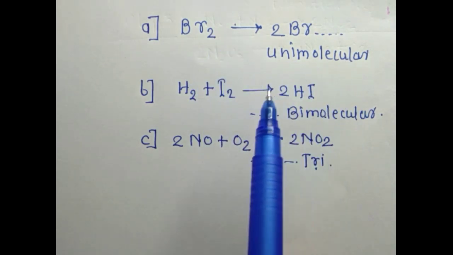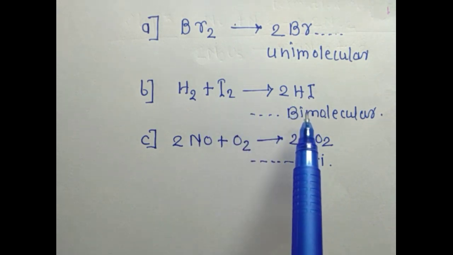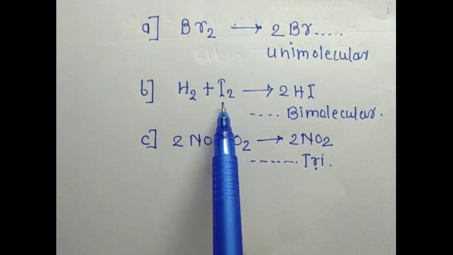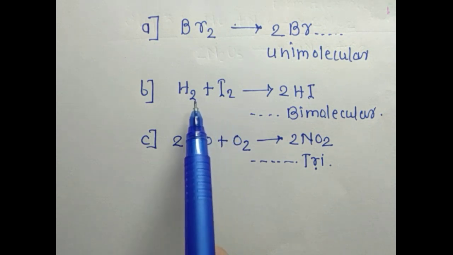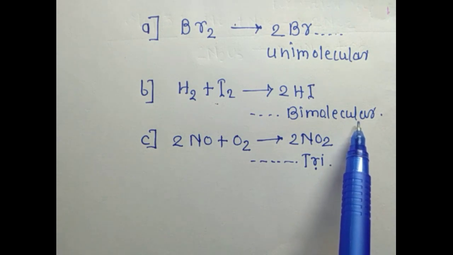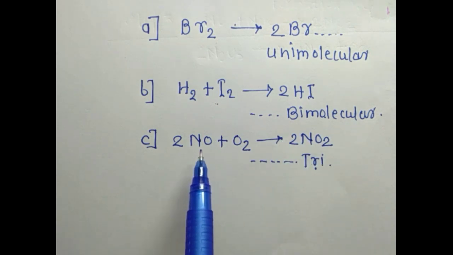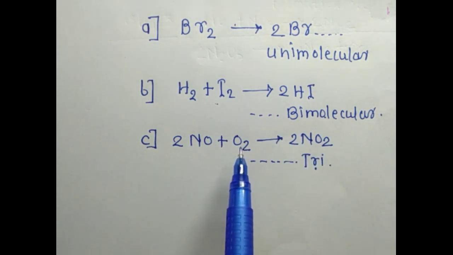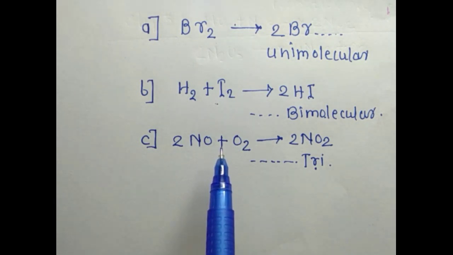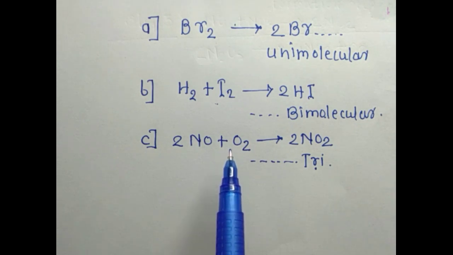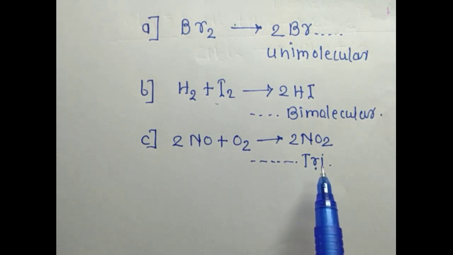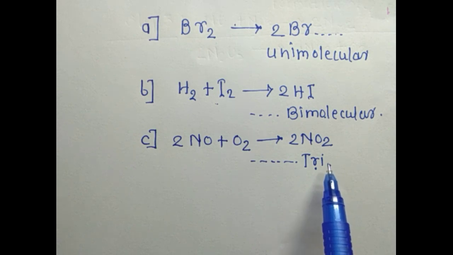Number 2, bimolecular reaction: one molecule of H2 and one molecule of I2 take part in the chemical reaction, called a bimolecular reaction. Number 3, 2NO plus O2: one molecule of oxygen and two molecules of NO react in this chemical reaction, that's why this reaction is called a trimolecular reaction.